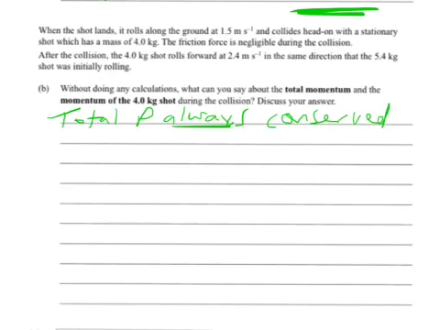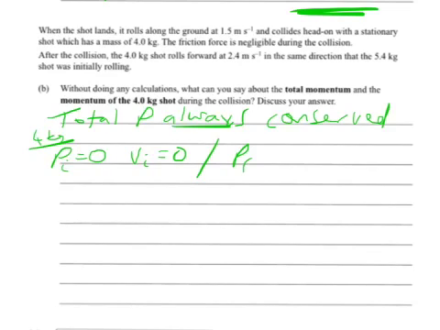Then when we look at the momentum of the 4 kilogram shot by itself, its initial momentum is 0 because its initial velocity is 0. This is for the 4 kg. And then after the collision, the 4 kg shot is rolling forward at 2.4 meters per second.